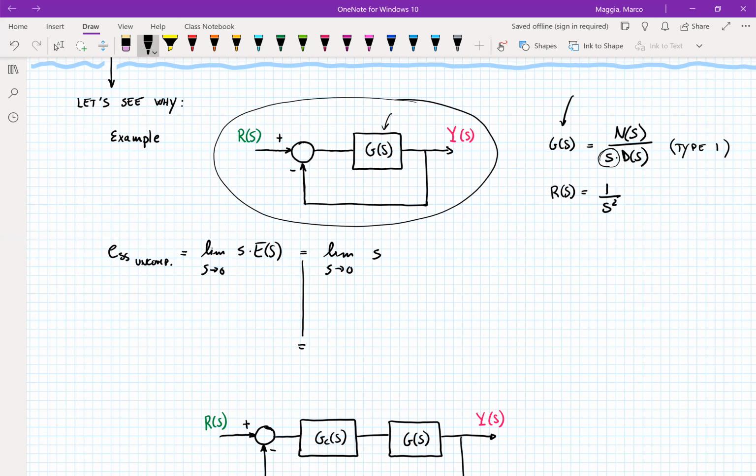And e of s is r times 1 over 1 plus g, where g in this case is n of s over s times d of s.